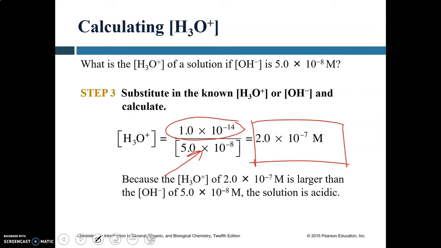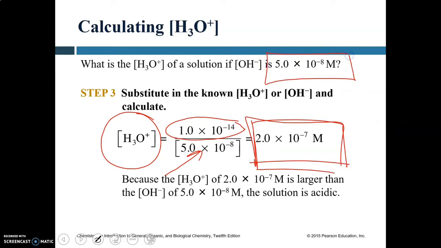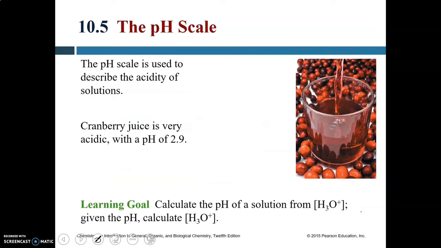Now we can compare the concentration of hydronium ions, which is this, 2 multiplied by 10 to the power of negative 7, the concentration of hydroxide ion. We see that concentration of hydronium ion is higher than concentration of hydroxide ion, which means that solution is acidic. To measure the acidity of the solutions, we use pH scale.